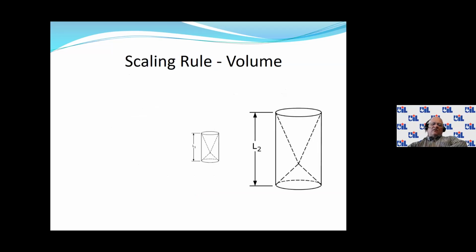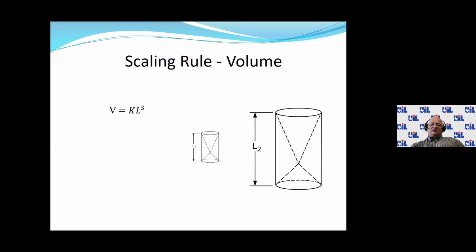So let me present for you the general scaling principles after having done that example problem. It turns out that if I have two figures, as long as they have the same shape but different sizes, like here, I've got an L1 and an L2, so the height of the cylinder is L here. For volume, the volume is equal to a constant of proportionality times any length dimension cubed.